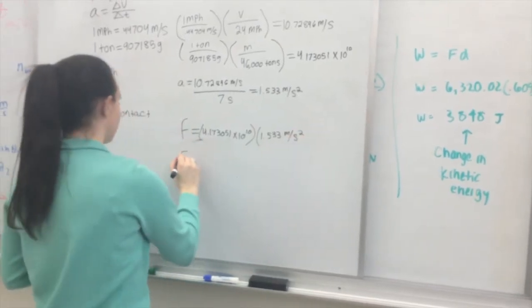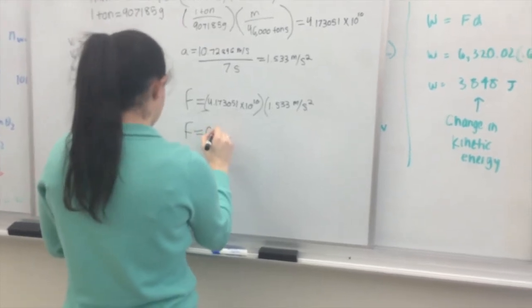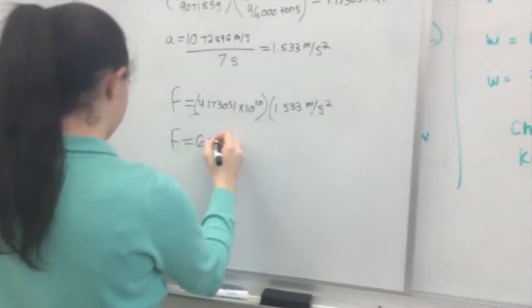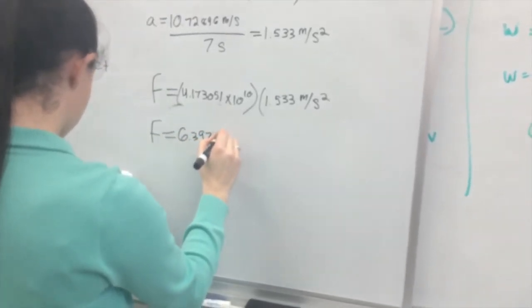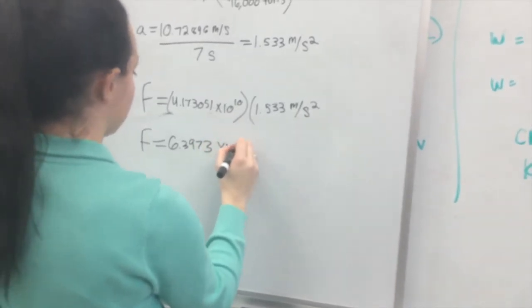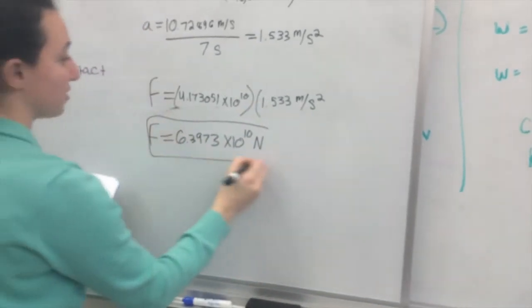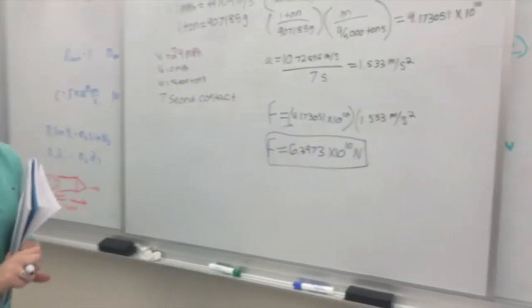And when you do that out, your force equals 6.3973 times 10 to the 10th newtons, and that's how much force it hit the iceberg with.